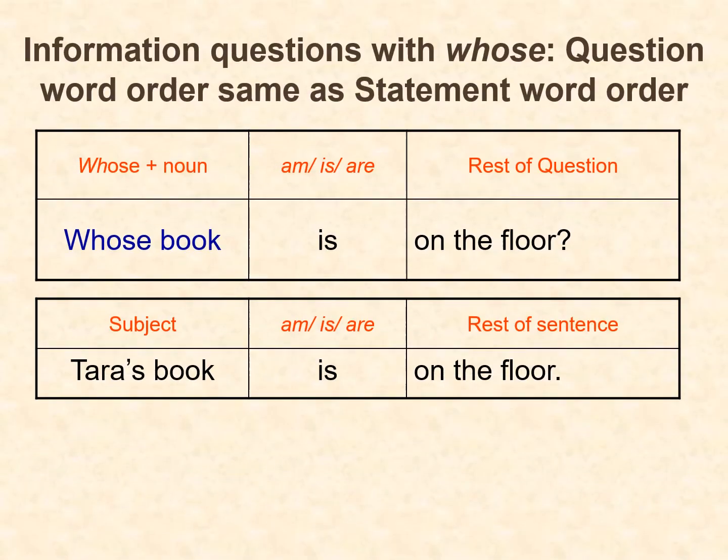Here we have another example of an information question, but here the order of the question is the same as the order of the answer. So here we get whose book is on the floor, and then the answer we get Tara's book is on the floor. So here we have an example where the word order of the question and the answer are not distinct.